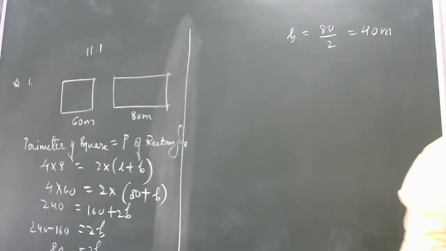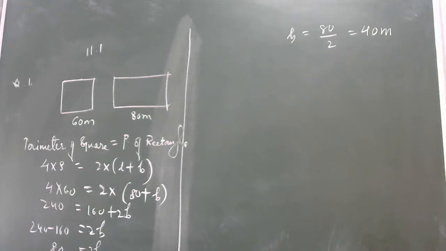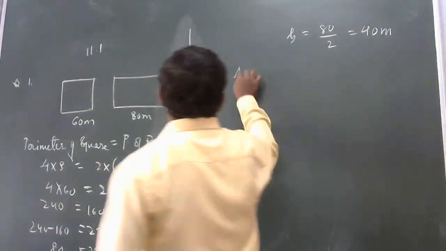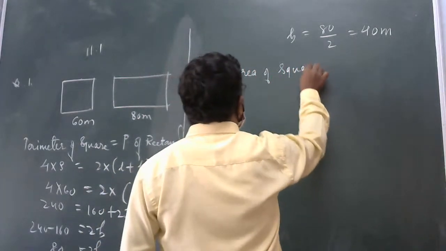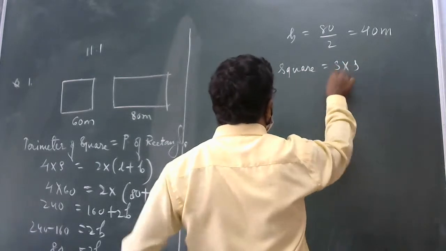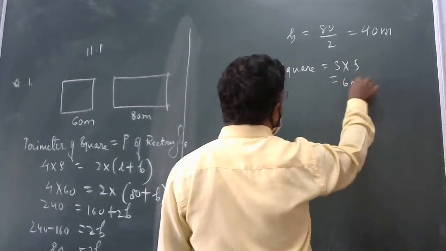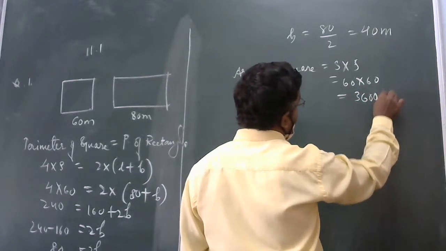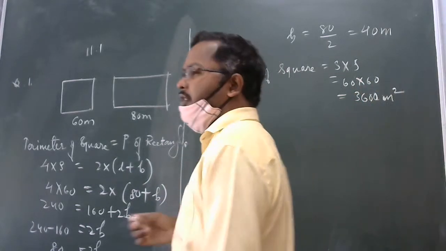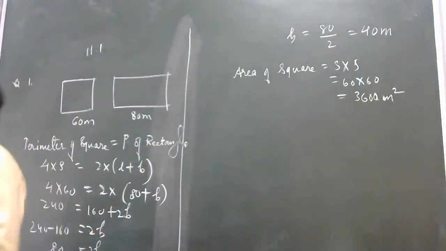So now find the area of the square and also the area of the rectangle and compare which one has greater area. Obviously the square will have greater area. Area of square is side into side, so 60 into 60, which is 3,600 meter square.